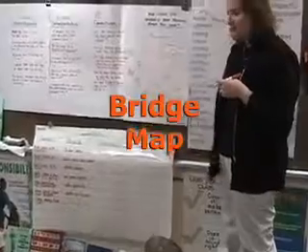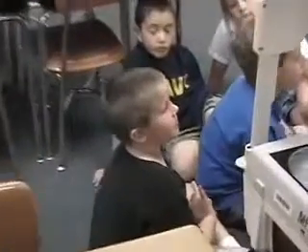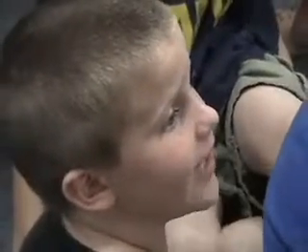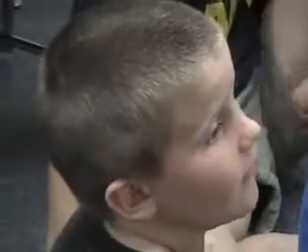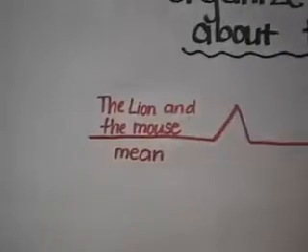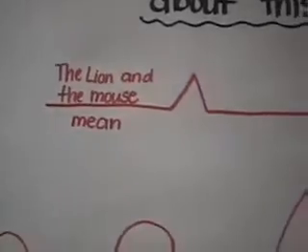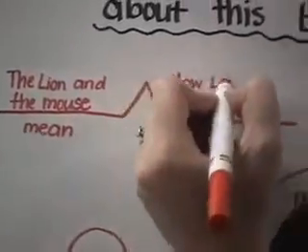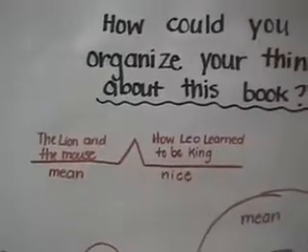Thomas, let's go back to your bridge map. Okay. In The Lion and the Mouse, the lion was mean to the mouse, but in How Leo Learned to Be King, the lion was nice to the mouse by helping him get over the river. What's the relating factor?